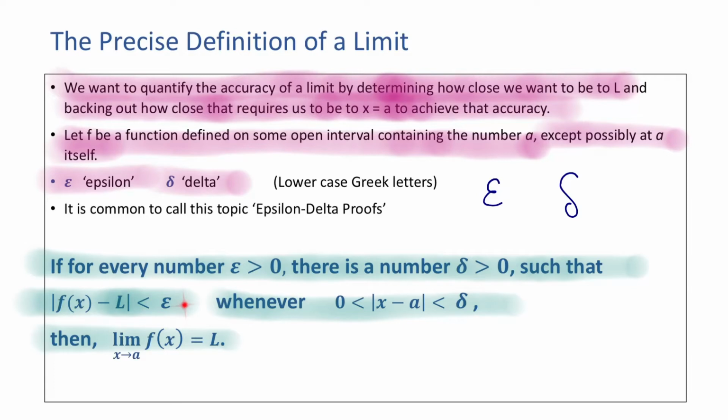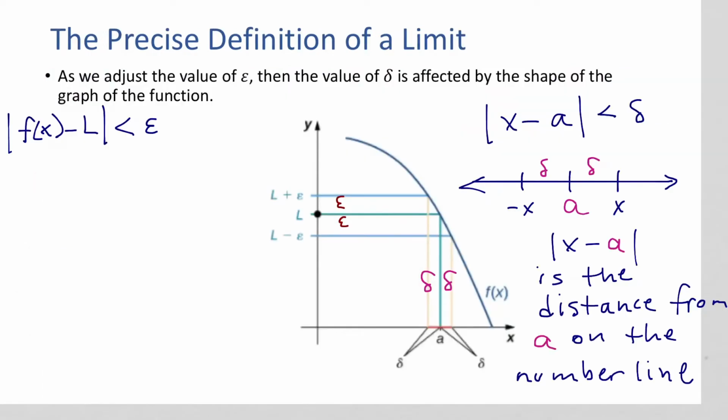All right, now let's talk about this. So that's over here. So we can say this one is the distance between f of x and L on the y number line this time. So we're talking about a y-axis this time. All right, so we can interpret this as saying epsilon right here is the distance between f of x and L on the number line.